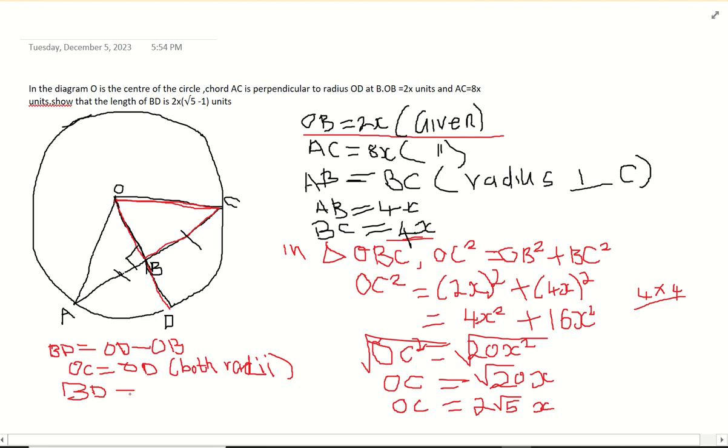So BD will be, then the value of OD will be this value of OC, 2 root 5x, minus OB. The value of OB, we already know that it's 2x.